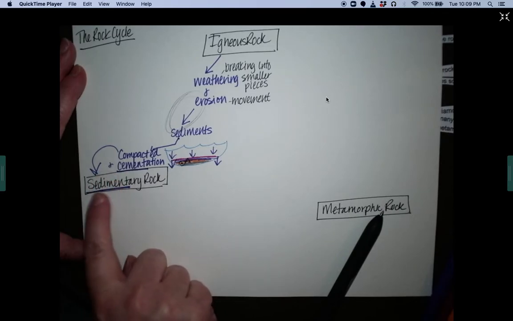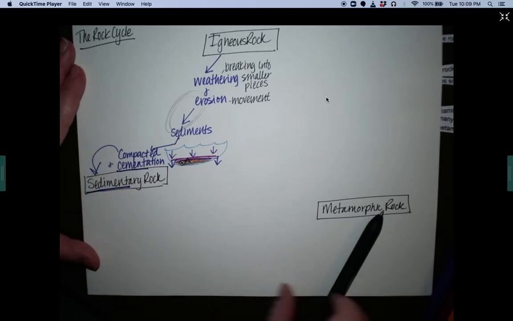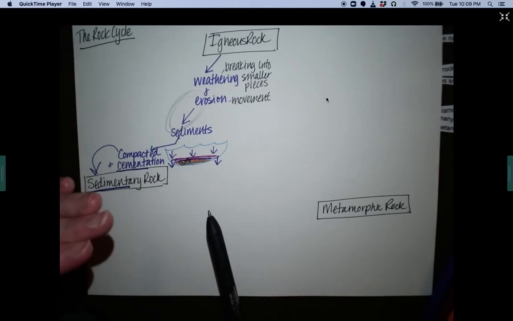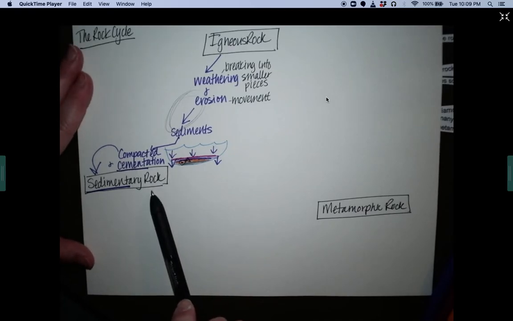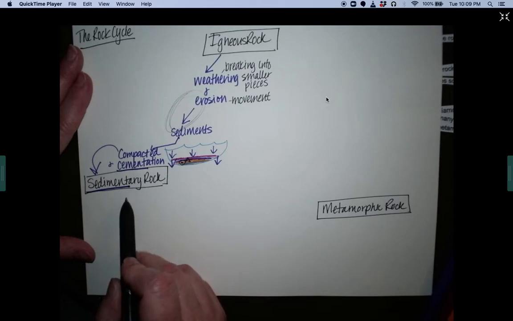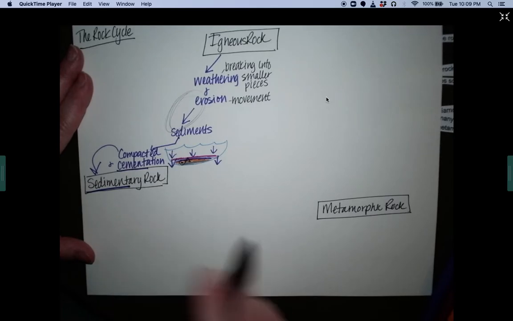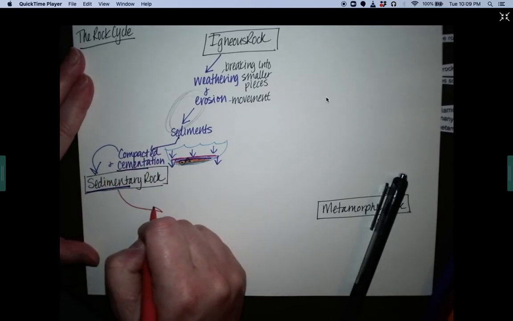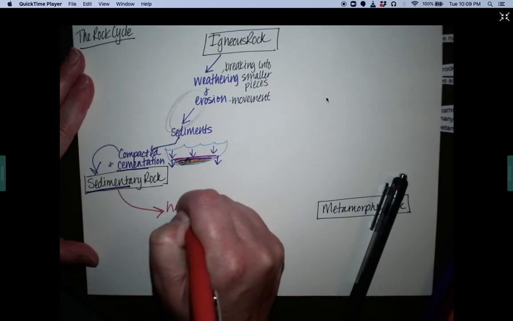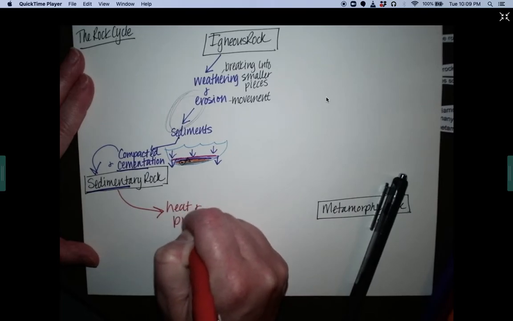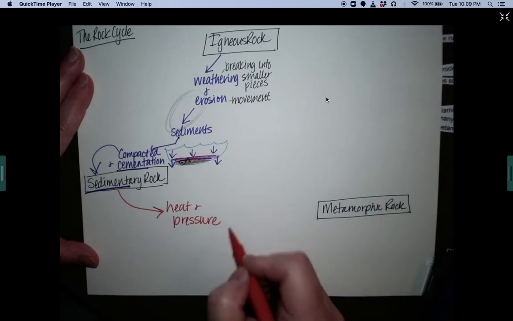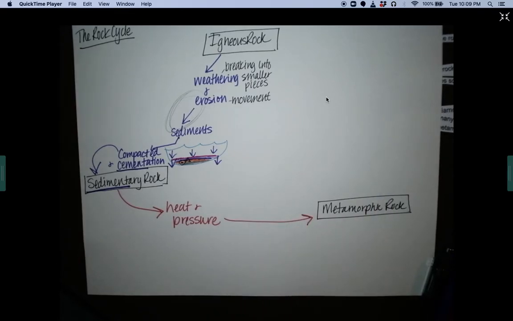Or as this sedimentary rock forms, it gets pushed further and further down into the earth, closer to the mantle, and as it gets pushed down, it heats up. So you can have sedimentary rock that has heat and pressure applied to it, and that heat and pressure is going to turn it into metamorphic rock.